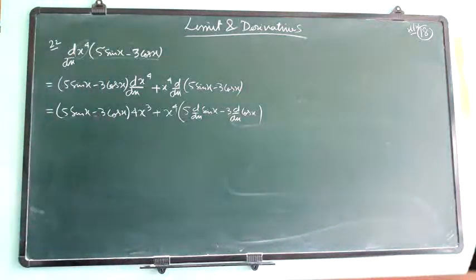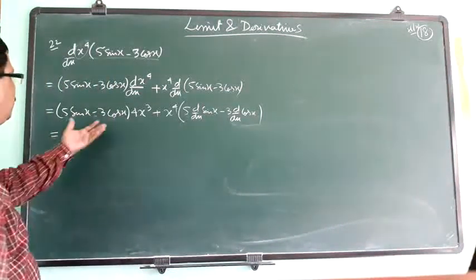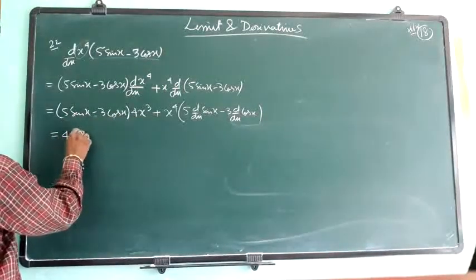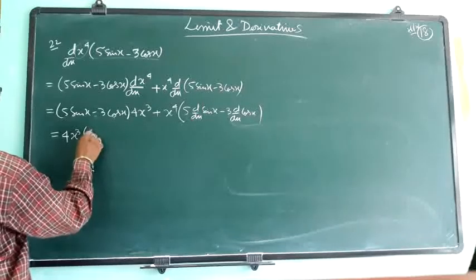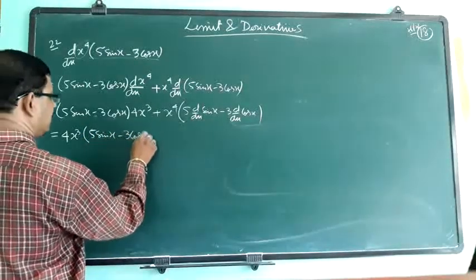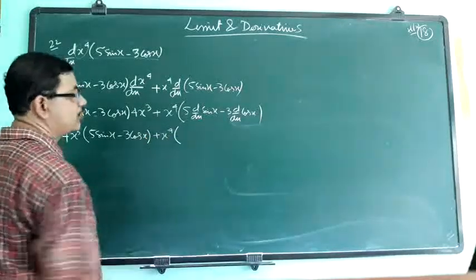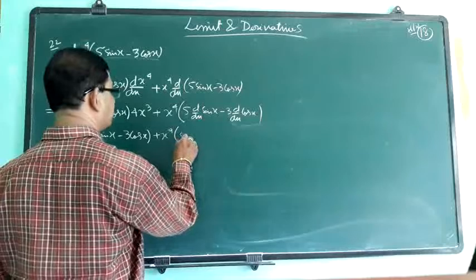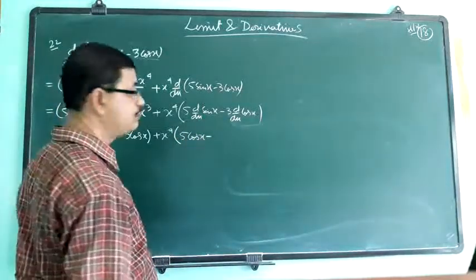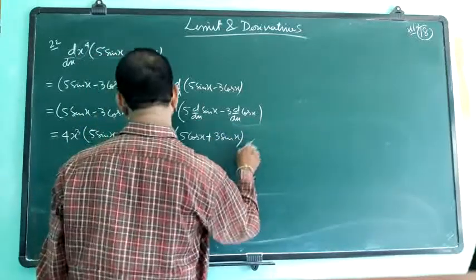So we can write like that. Better to take 4x cube outside, then inside bracket 5 sin x minus 3 cos x, plus x to the power 4. Differentiation of sin x is cos x. Differentiation of cos x is minus sin x. So this is our answer.